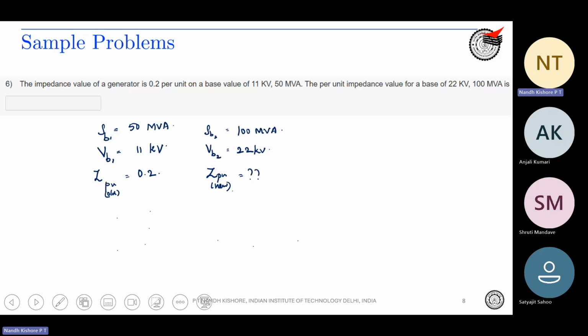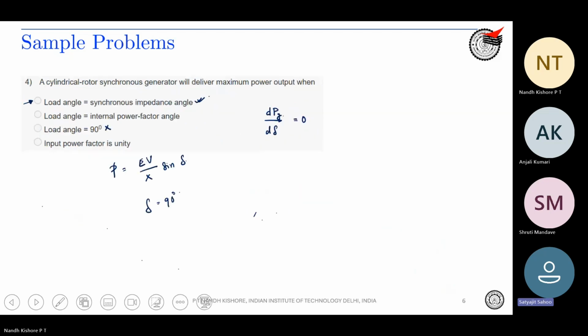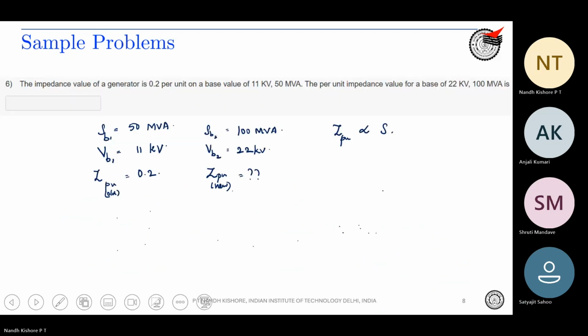Okay, so we just need to establish the relationship. Your Z per unit is proportional to S into V square. No, is it proportional to V square?